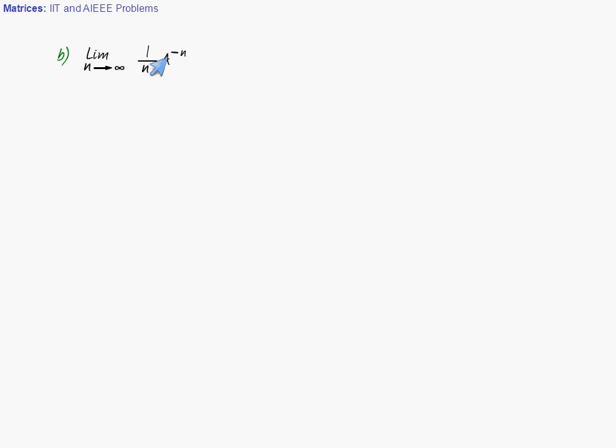Now we have the value of A to the power minus n, this is 1, 0, minus n and 1. Now I can multiply this 1 by n inside the matrix. Any element taken outside, when multiplied inside the matrix, is multiplied to all elements.